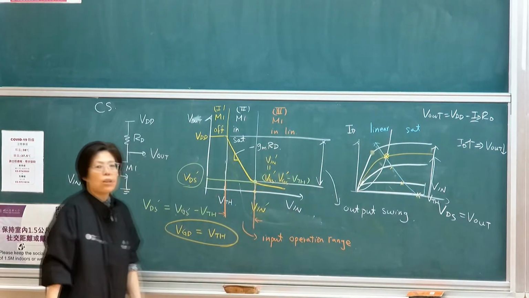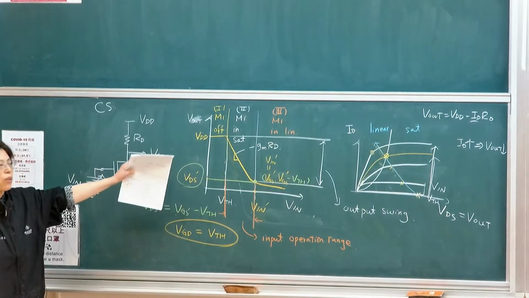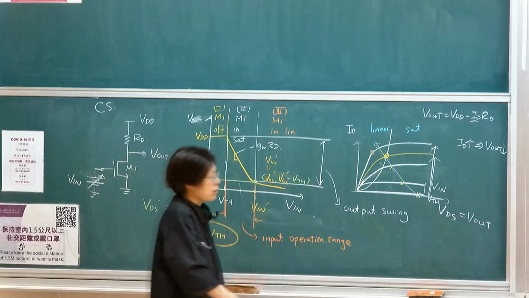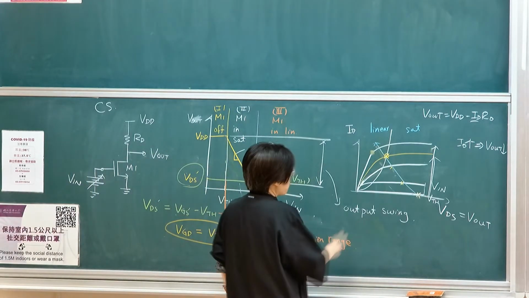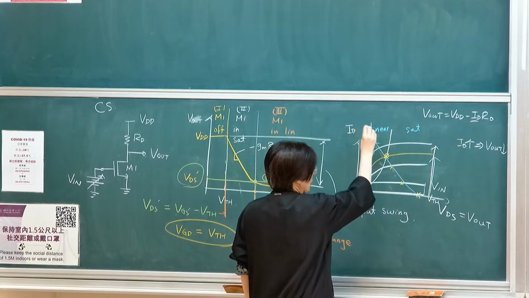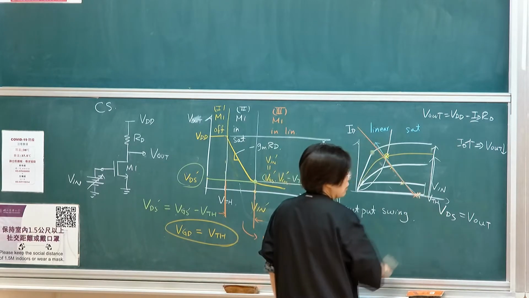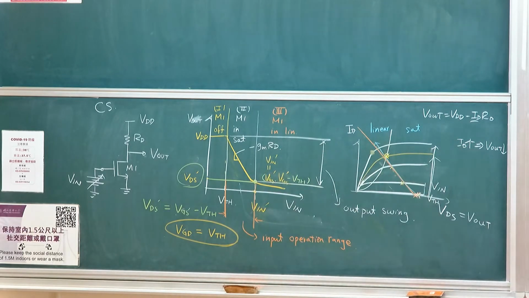So this is like the load line, but I didn't draw the load line. Remember, we have the load line analysis. If you want to actually plot, it actually goes like this.